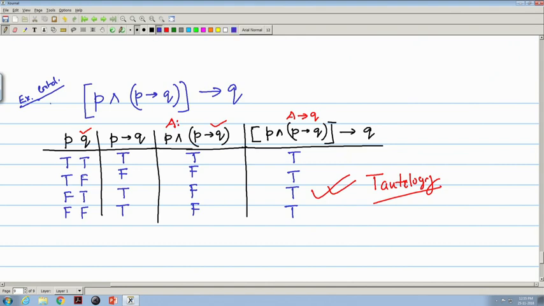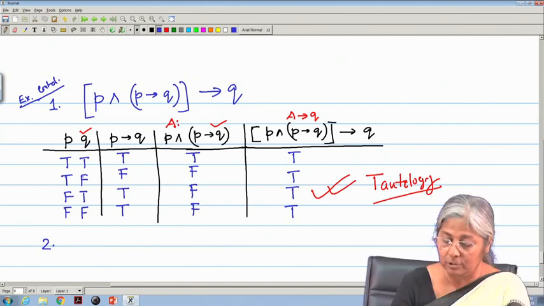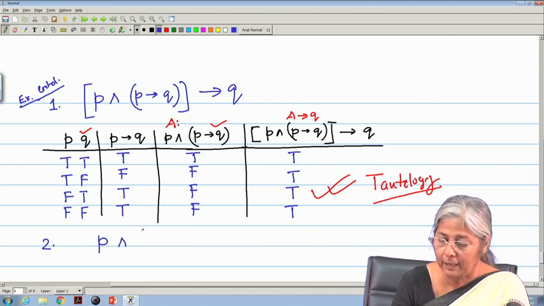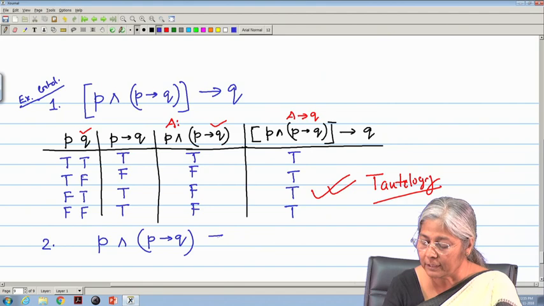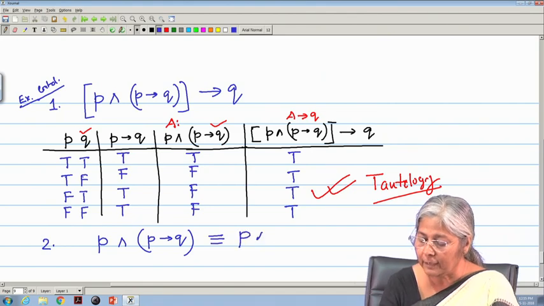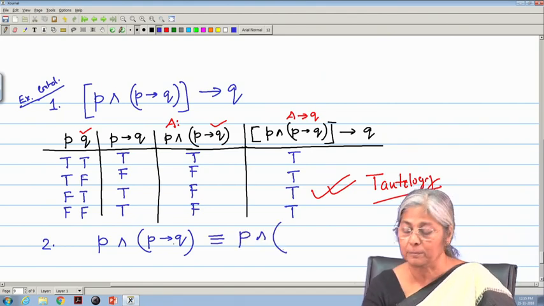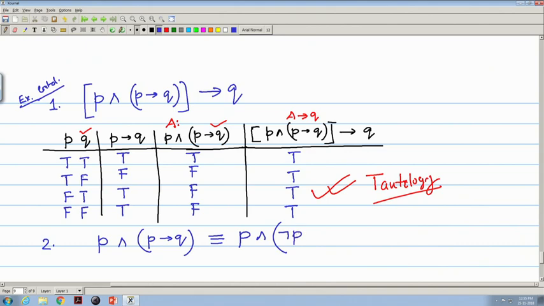What is the second method? Quickly we can do it, because it is much easier than the truth table, as we have to apply the laws of logic. So, p and (p implies q) is equivalent to p and (negation p or q), since we now know that p implies q is negation p or q.